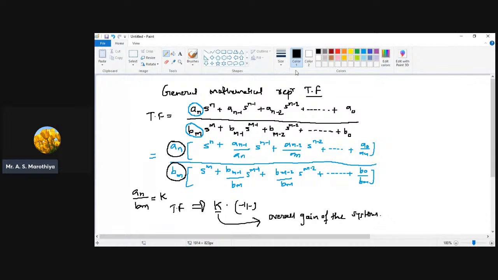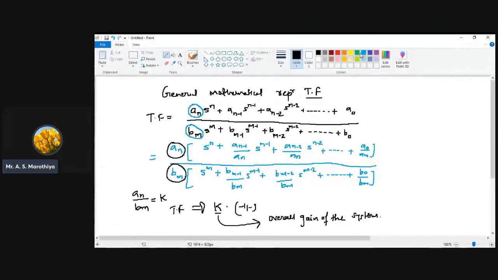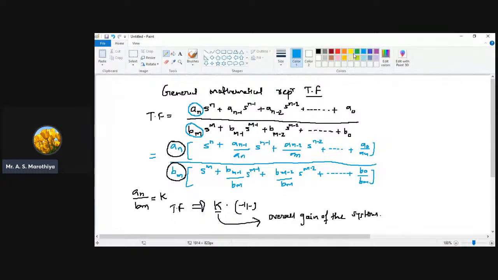Now I told you that through transfer functions we are in a position to find out the poles and the zeros of the system. So what is poles? Poles are nothing but those complex frequencies where the magnitude of transfer function is going to be infinite.